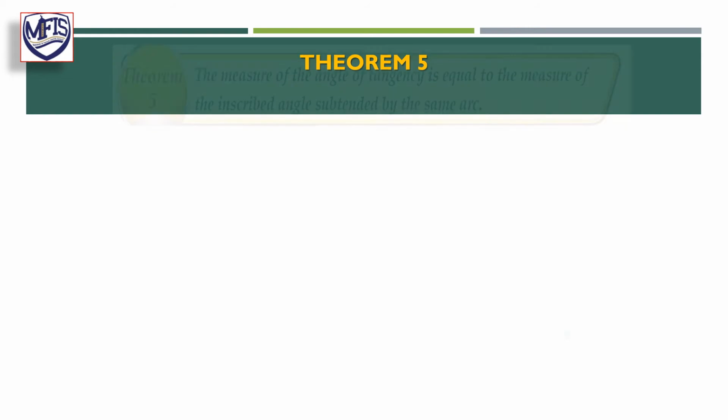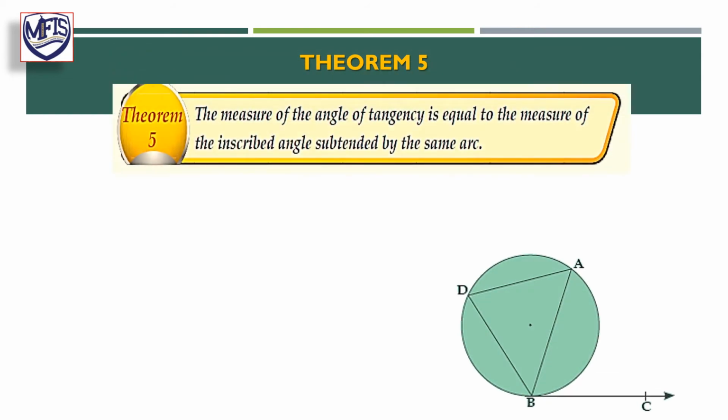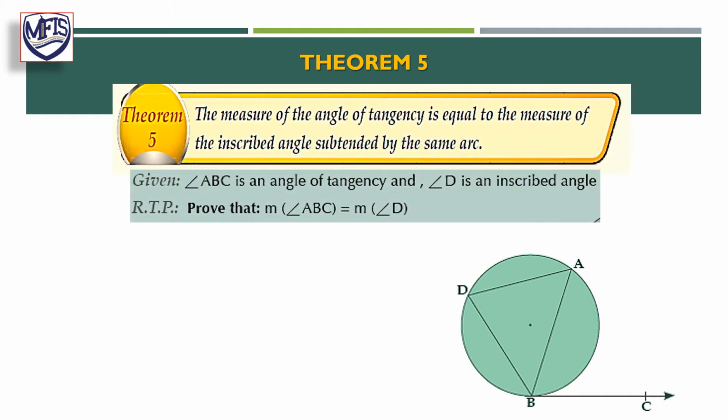Theorem 5. The measure of an angle of tangency is equal to the measure of the inscribed angle subtended by the same arc. Now, the given here: angle ABC is an angle of tangency, and angle D is an inscribed angle subtended by arc AB.